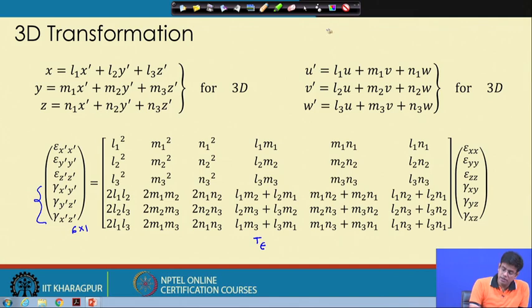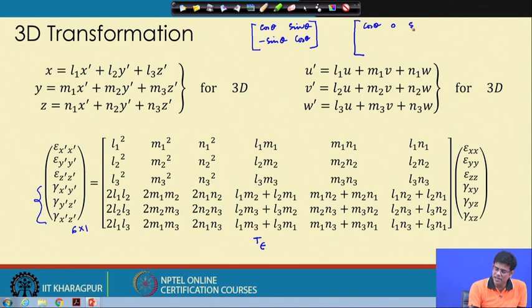Remember here that probably in a 2D case we have seen the rotation matrix in cos theta, sin theta, minus sin theta, cos theta. So, in this form, but in a 3D case it may be like this: cos theta 0 sin theta, and then 0 1 0, minus sin theta and 0 cos theta. So, in this format it is there.